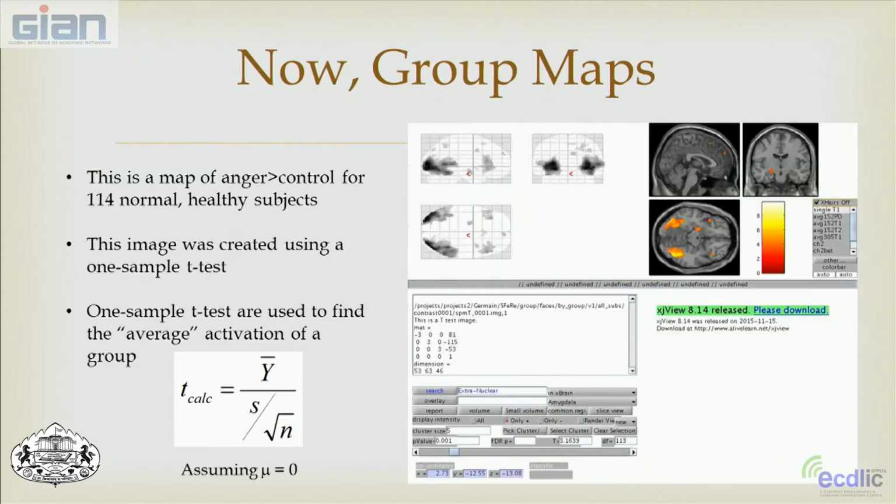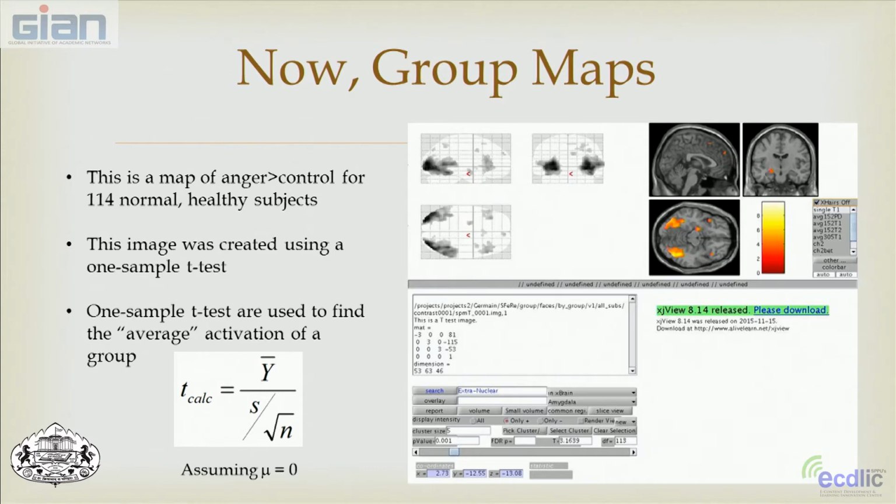Okay, now that we've done our individual subject analysis, we're going to create some group maps to see what happens if we put all our people together with the same contrast. In SPM, I know we talked about some different methods of creating group maps yesterday. What SPM does sometimes is compute a one sample t-test.